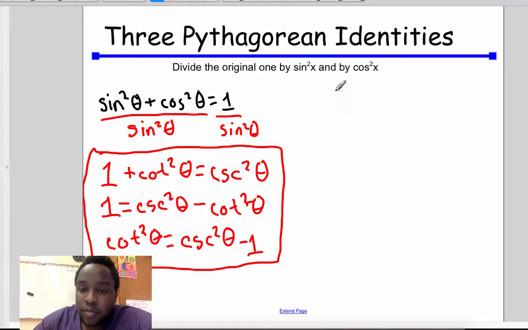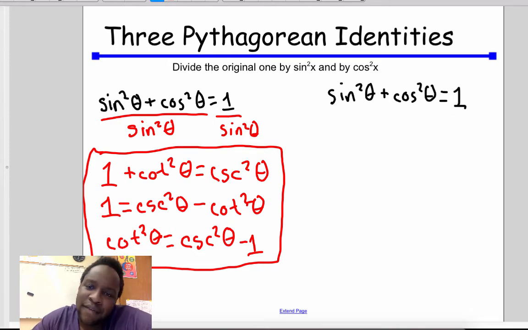The next one, so I'm going to write sine squared theta again. Sine squared plus cosine squared. Now notice that sometimes when I say these phrases, I don't say the theta. It's okay not to say that. You don't have to say it, but you do have to write it. So this time I'm going to divide both sides by cosine squared.